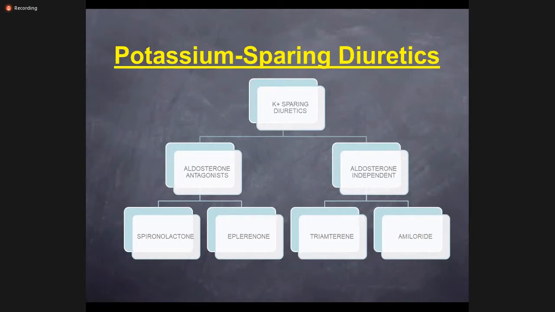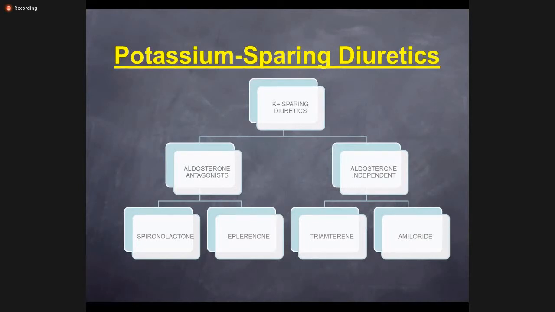So excessive amount of water can be removed, and that is why loop diuretic is supposed to be the most powerful diuretic, whereas thiazide and potassium sparing diuretic compared with the loop diuretic are weaker diuretics. Why? Because just 2 to 5% of the sodium is reabsorbed in this segment.